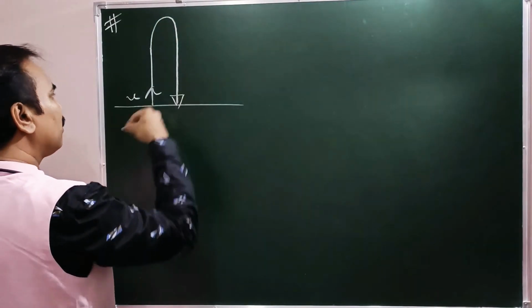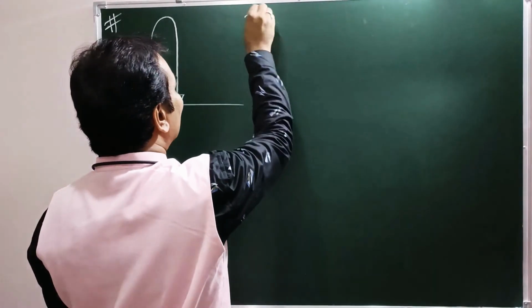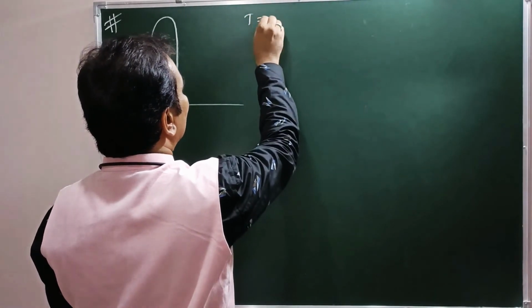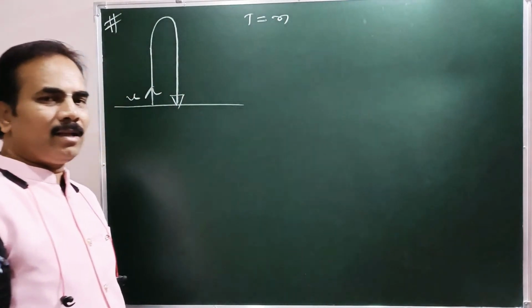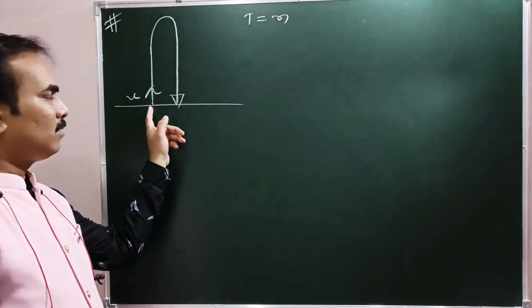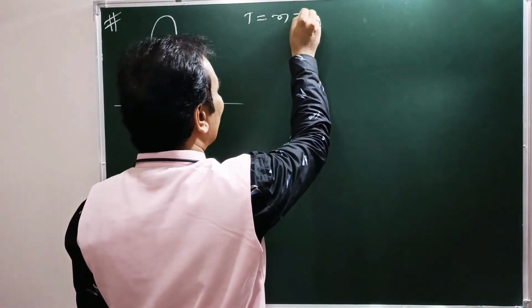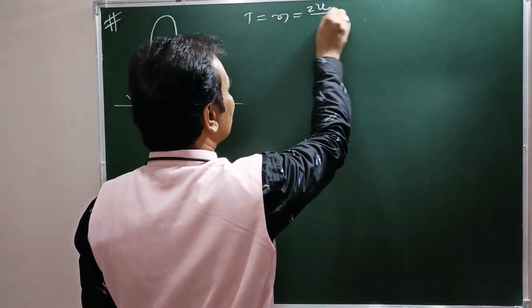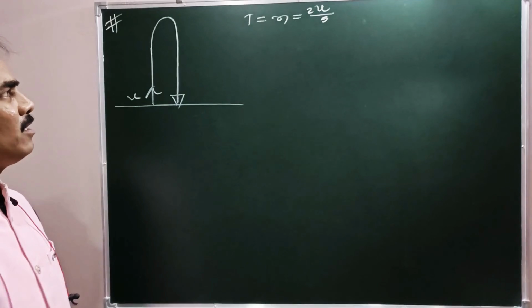What is the time of flight here? Time of flight T, let it be n seconds. That is the total time for which the body remains in air. N equals mathematically 2u by g.